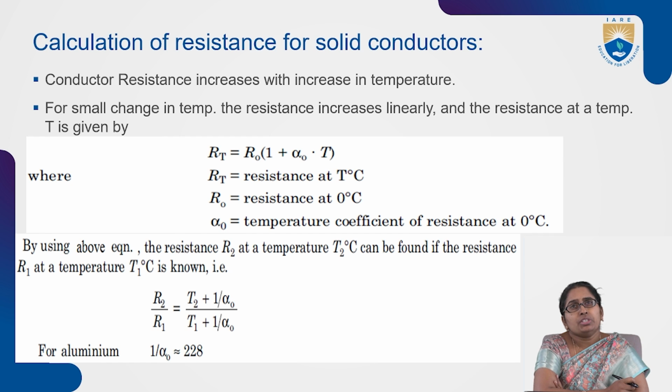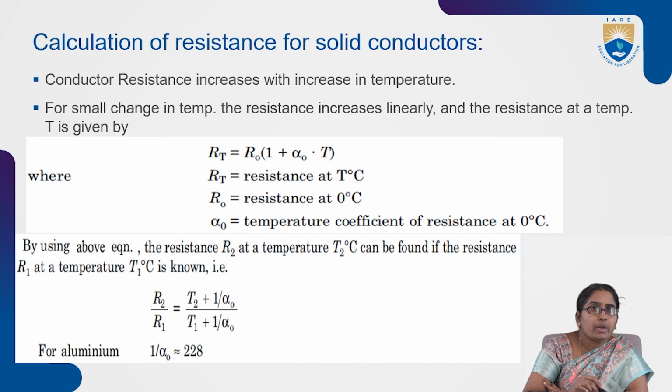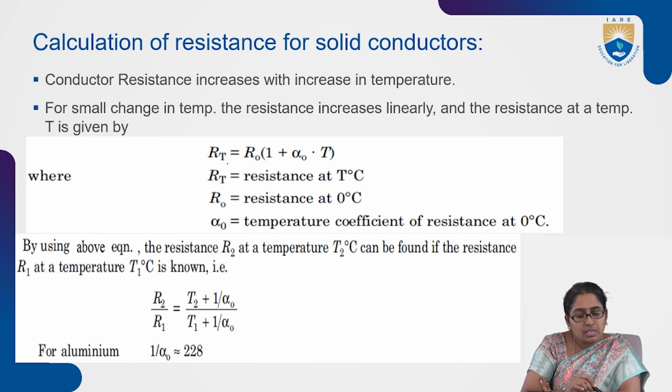For a small change in temperature, the resistance increases linearly, and the resistance at temperature capital T is given by, okay, so suppose we want to know the resistance at a particular temperature capital T, then that is given by R_T, which is R naught into 1 plus alpha naught T.